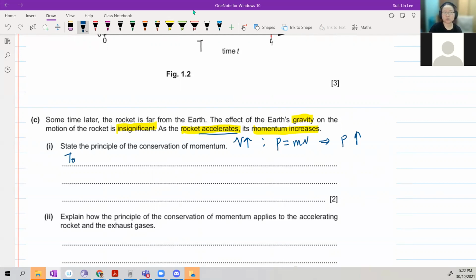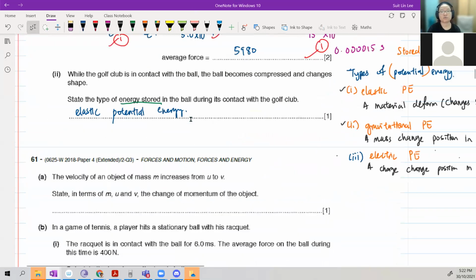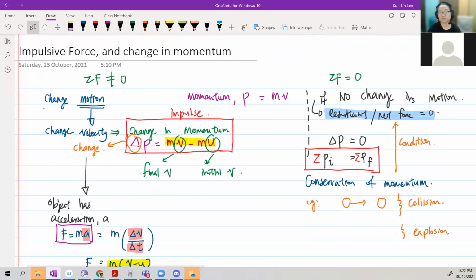So I would say the total momentum of a system remains the same or remains constant. Total momentum, no change. If you go back to your notes, it will be this part here. No change in momentum if the net force is 0.